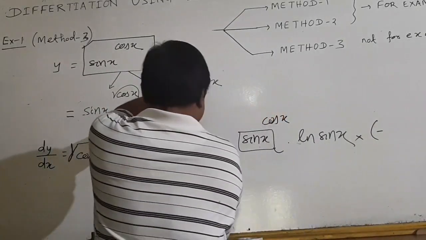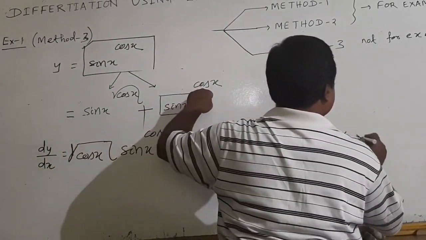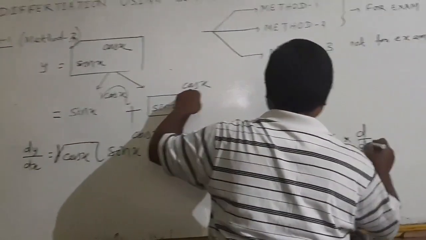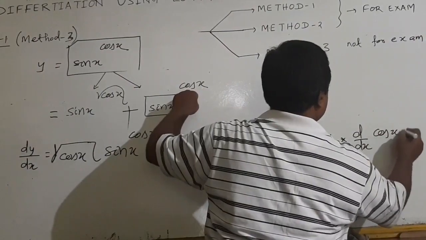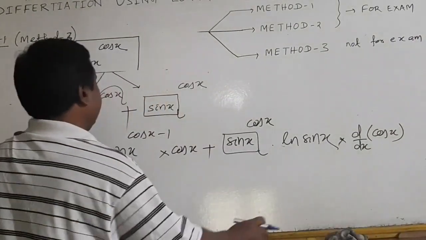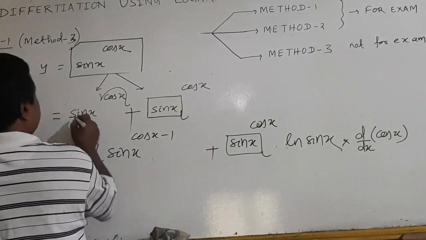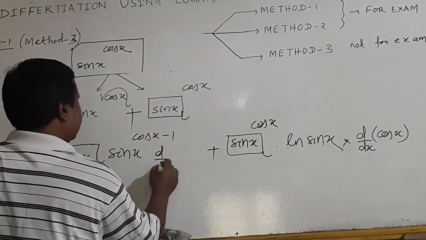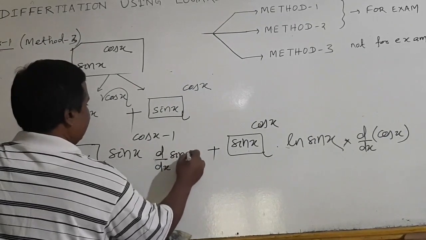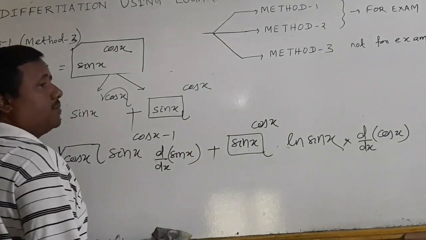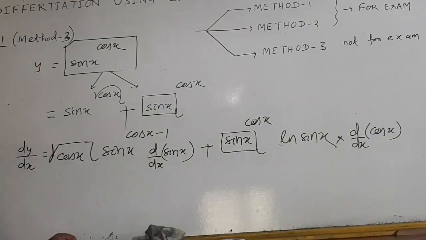I am writing here again d by dx of cos x. And here I am writing d by dx of sin x because you should know which one is variable and which one is constant. Each time I am taking the differentiation of the variables, not of the constants.